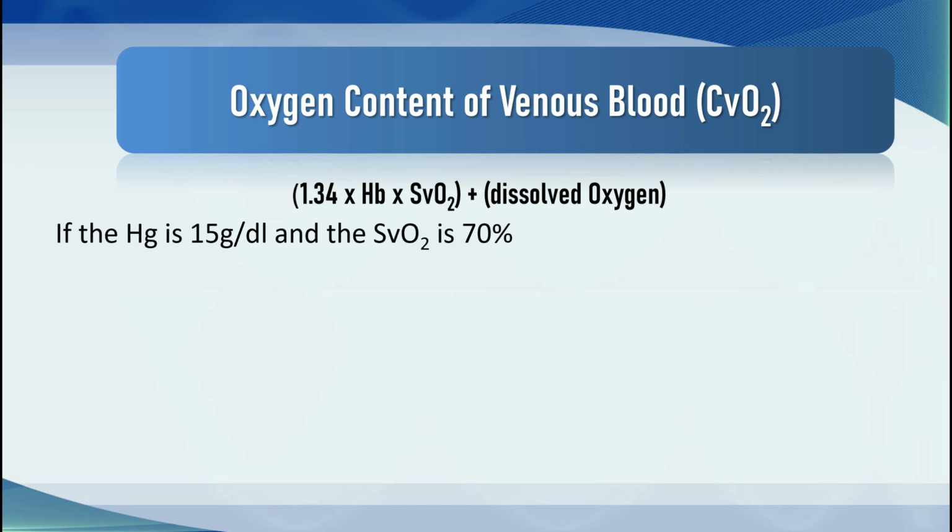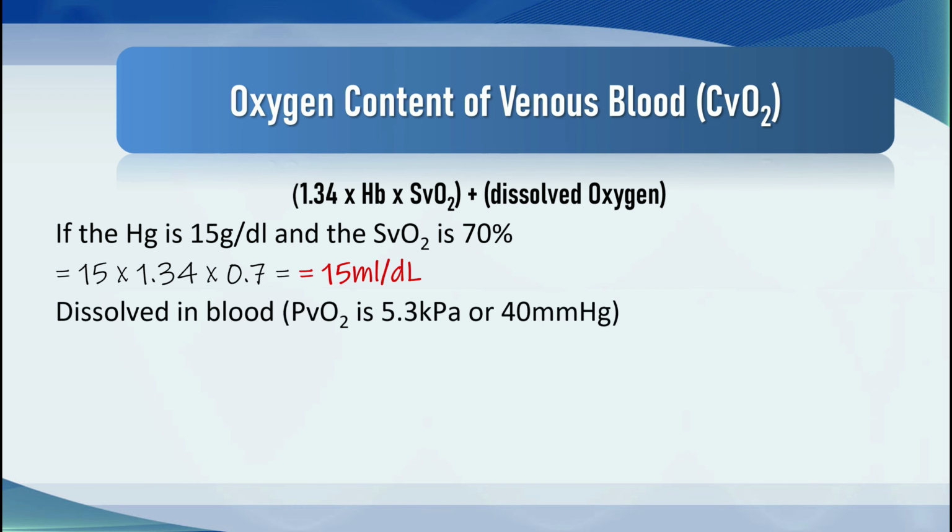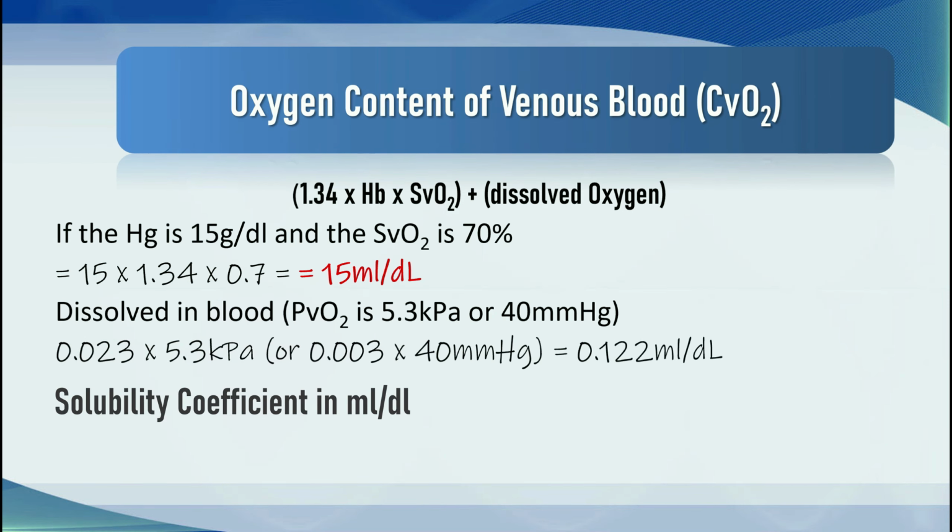So if the hemoglobin is 15 and the SVO2 is 70%, the hemoglobin oxygen content is 15 times 1.34 times 0.7, or 15 mils per deciliter. The dissolved oxygen content is 5.3 kilopascals, or 40 millimeters of mercury. It's 0.023 times 5.3 in kilopascals, or 0.003 times 40 in millimeters of mercury, and that works out at 0.122 mils per deciliter.